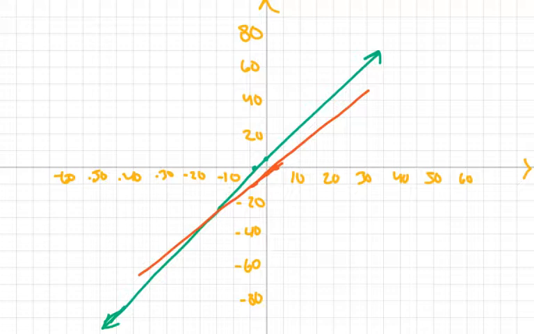Okay, my graph is really not accurate. But if this is drawn accurately, the lines will intersect at negative 60, negative 41.